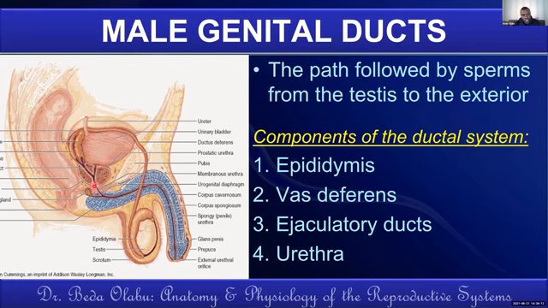This is the urethra. From our lectures on the renal system, I think we talked about the different parts of the male urethra as having the prostatic urethra, membranous urethra, and the penile urethra, which you can divide into bulbar urethra and spongy urethra.